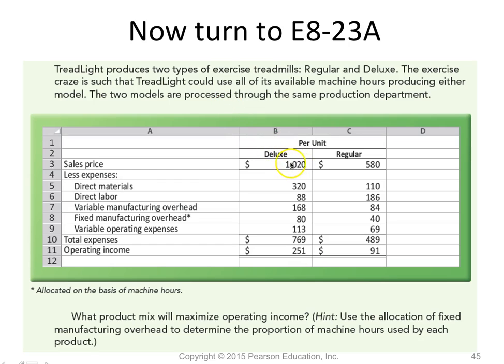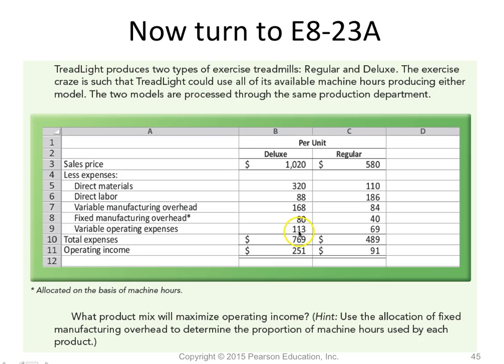So here, the sales price is different. This is almost doubled. Direct material is different because, of course, they use more expensive materials. Direct labor is actually less than the other one. Variable manufacturing overhead is more here than the regular one, and the fixed manufacturing overhead is double the other one.